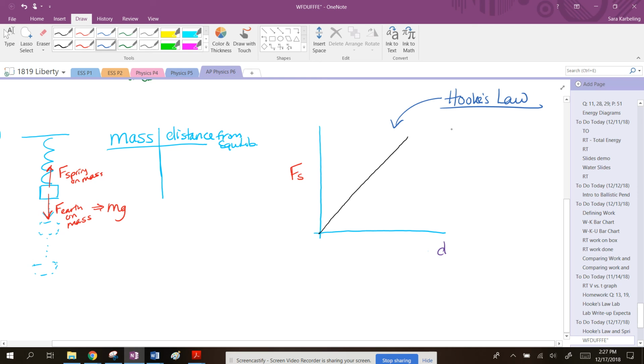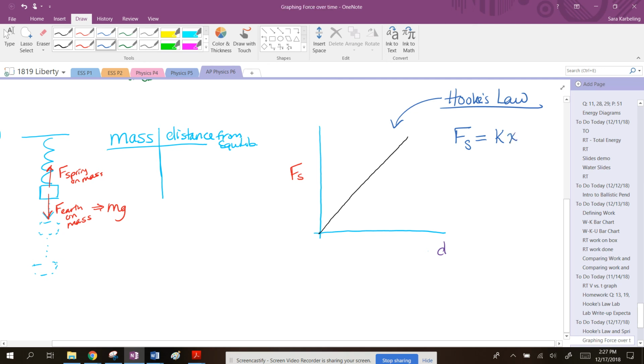Okay, so the rule, let's write it down algebraically: the force of the spring is equal to, so we could say it's proportional to D, but we like equals because equals are more interesting. We've got to have some sort of proportionality constant representing the slope. Anybody want to choose a letter that starts with K? Let's do K, yeah.